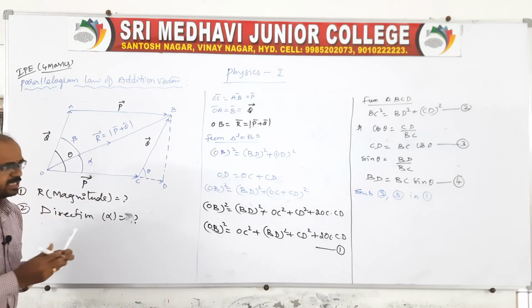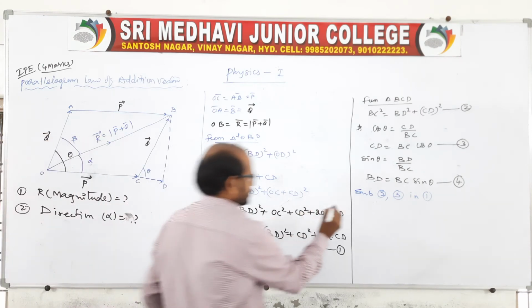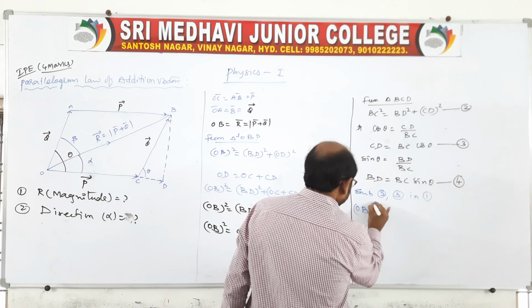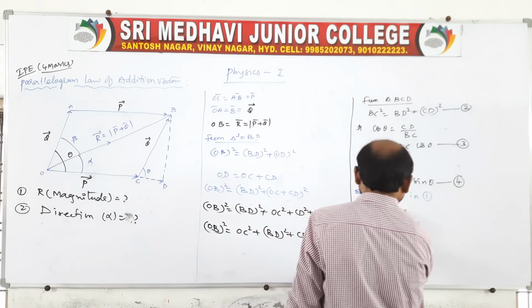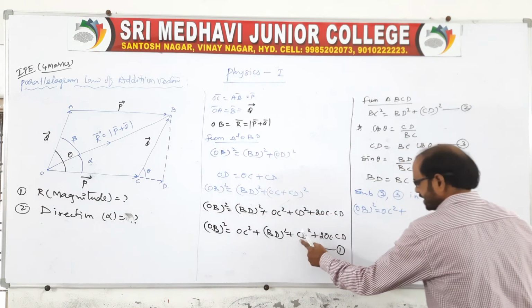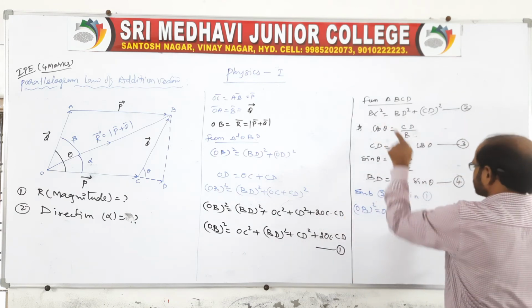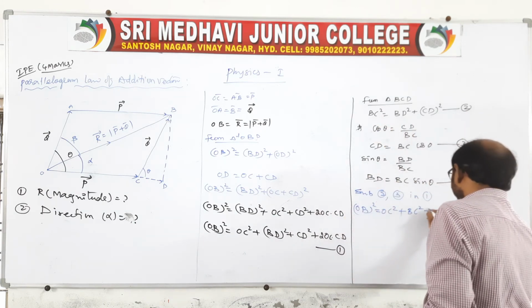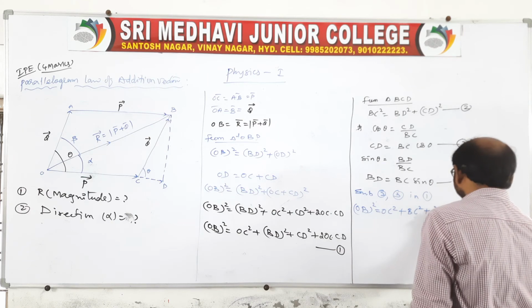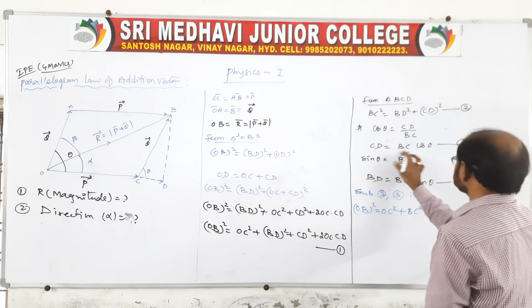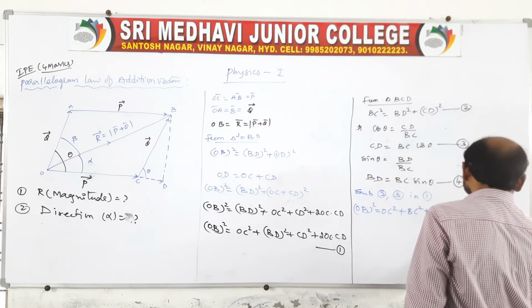Directly, OB square is equal to OC square plus BD square plus CD square, which is BC square, plus 2 OC into CD, which is BC cos theta.